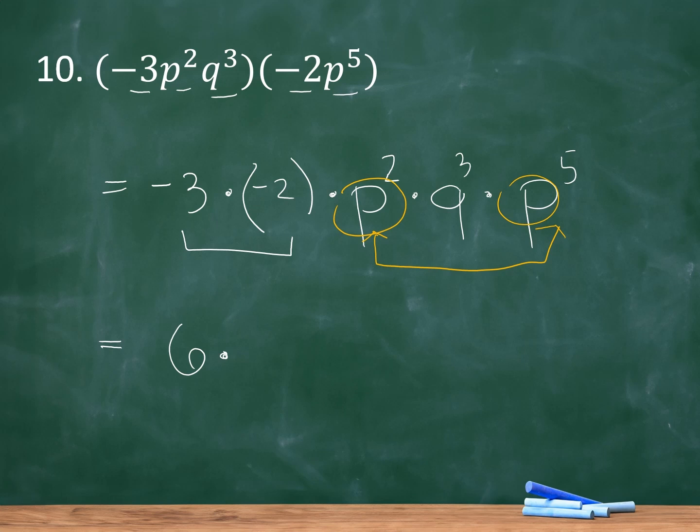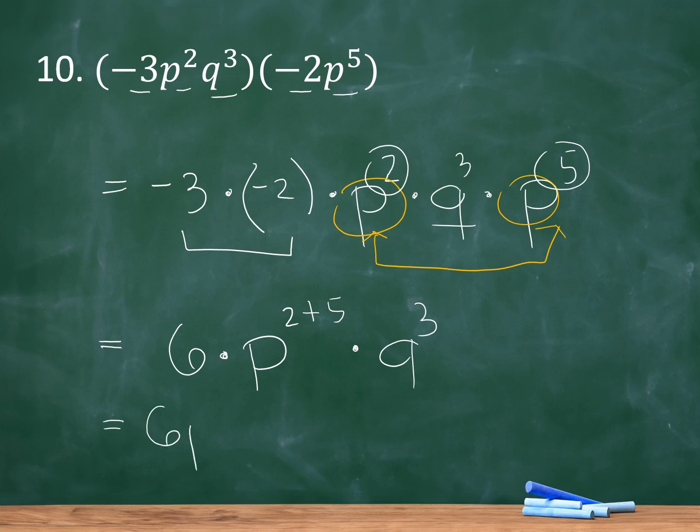So we write the common base p and then we add their exponents, 2 plus 5, times q cubed. Let's continue. 6p to the power of 2 plus 5 is 7, and then we have q to the power of 3. This will be our final answer.